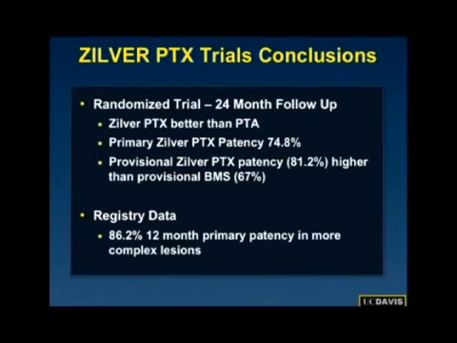I think a lot of this is to be explained, and someone please explain it to me. I still don't understand exactly why a provisional patency rate would be higher than a primary patency rate. But in any case, both were superior either to PTA or bare metal stenting. And the registry data does show at 12 months that 86% of patients had primary patency.